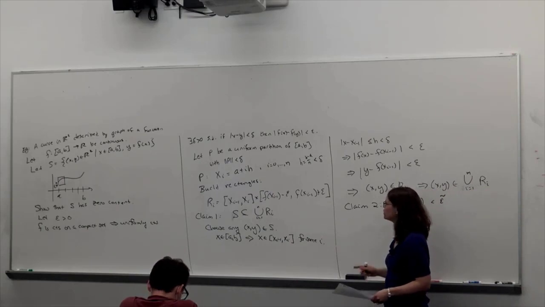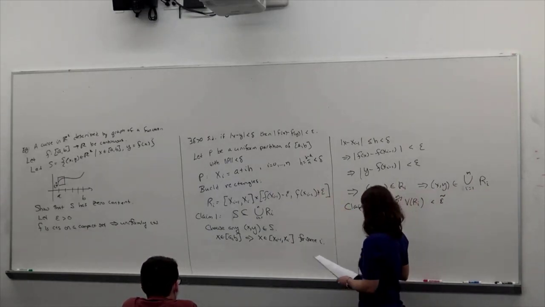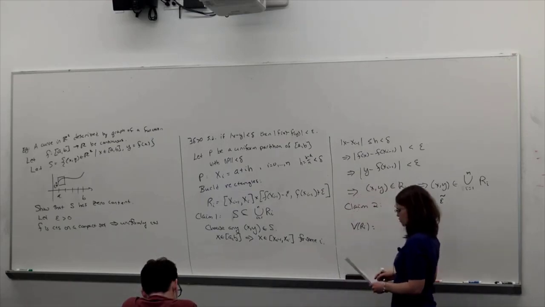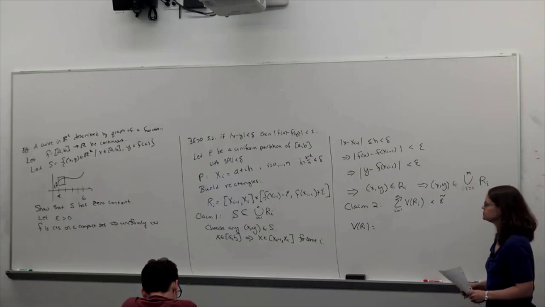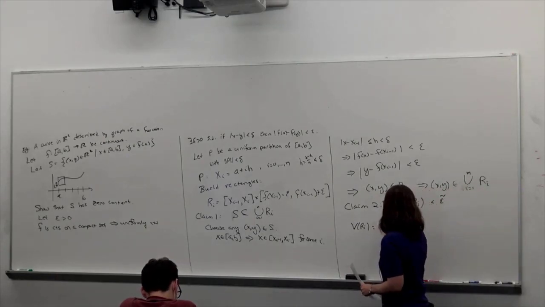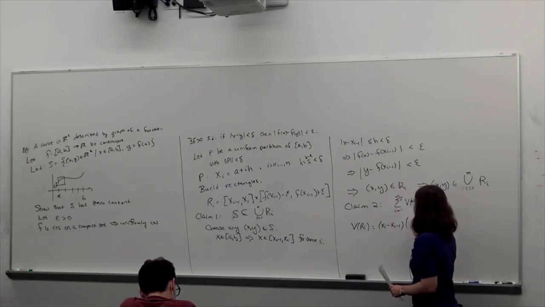All right, we can work out the volume of rectangles. That's not hard to do. So V of our R_i is going to be, all right, the base times the height.